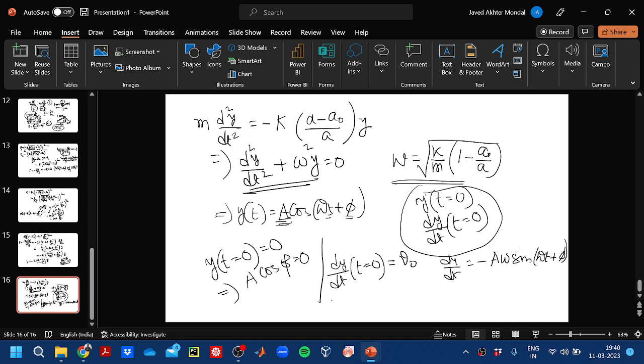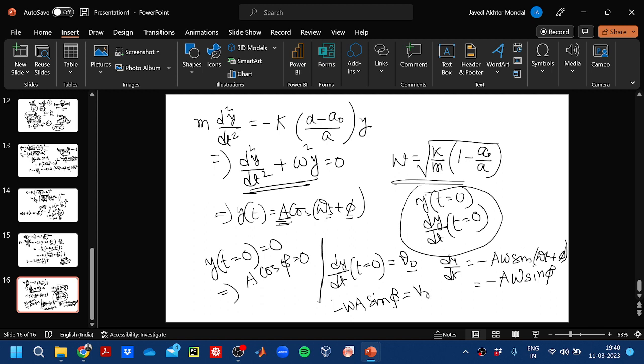So at time equal to 0, this will be minus A omega into sine phi. So if this is v0, then we will get minus omega A sine phi equal to v0.